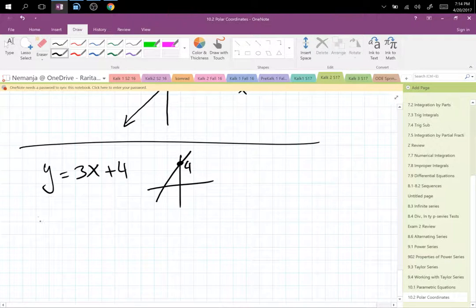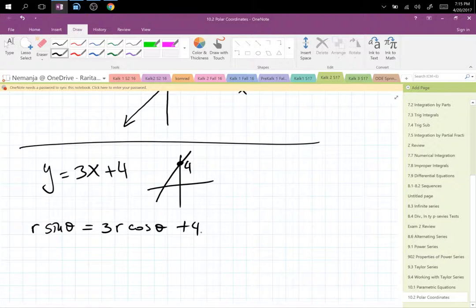I know that y can be written as r sine theta, and x can be written as r cosine theta, and I have plus 4. Go ahead, solve that for r. It can be done, but it's just annoying.